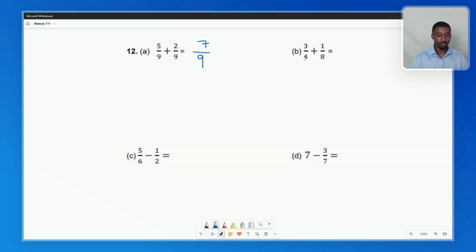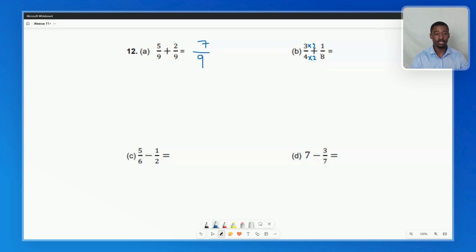Pretty simple, pretty quick. Then we have part B, 3/4 plus 1 over 8. So here we don't have a common denominator. So we need to create a common denominator. And we're going to do this by multiplying both the numerator and denominator of this left fraction by 2.